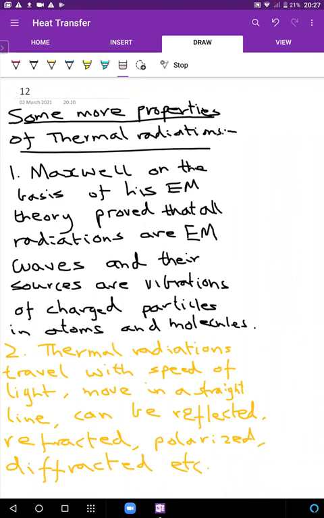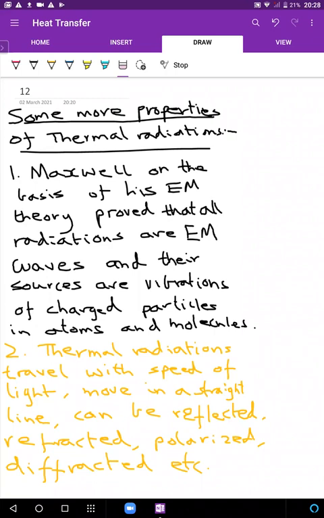Of course, corresponding to excitation and de-excitation, some energy will be released. We're not denying that; that's what you've learned in atomic structure. But for thermal radiations in general, at a higher temperature, molecules keep vibrating and thereby charged particles vibrate to and fro, and you are going to find energy released, EM waves released because of those vibrating charged particles.